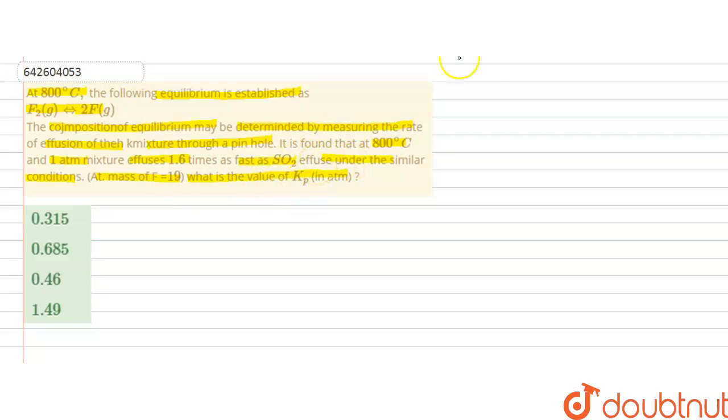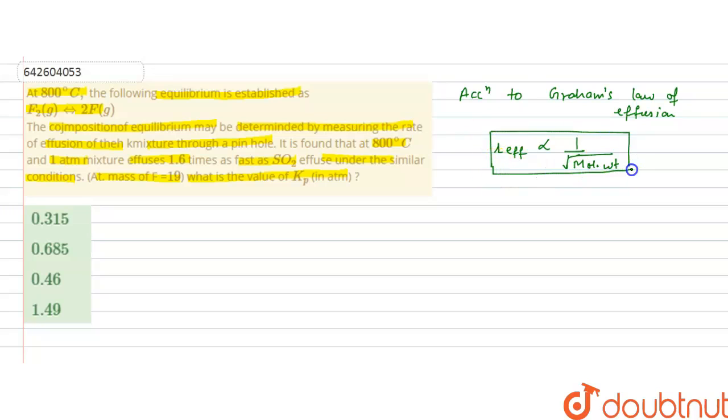First of all, according to Graham's law of diffusion or effusion, for gases, the rate of effusion is inversely proportional to the square root of their molecular mass, or we can say atomic weight. So the rate of effusion of any gas is inversely proportional to the square root of its molecular or atomic weight.